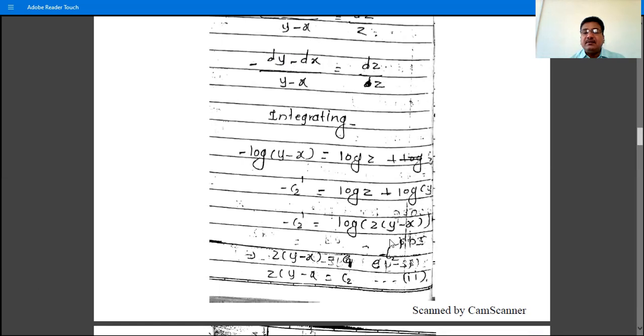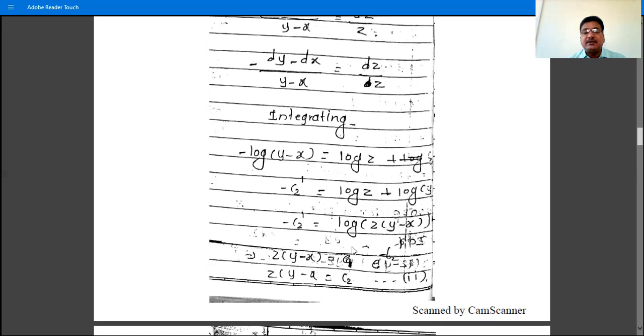Then z into y minus x is suppose e raised to c2 dash, because if log a is b, then a is e raised to b. So if we shift the log, then reciprocally it is the exponential function.